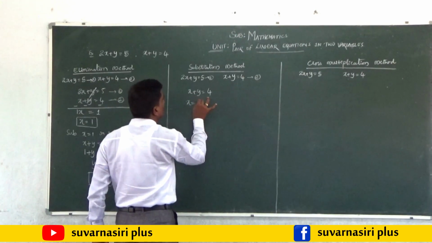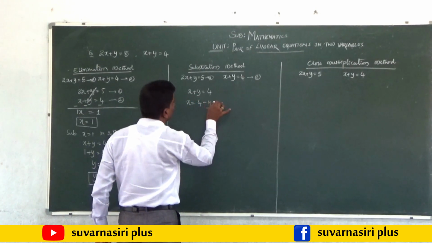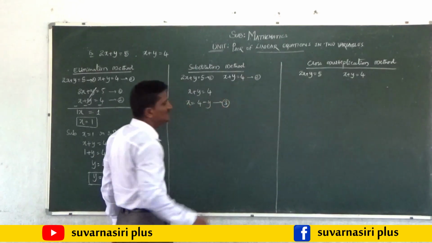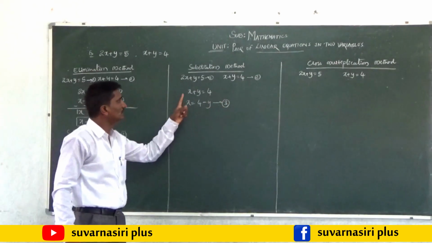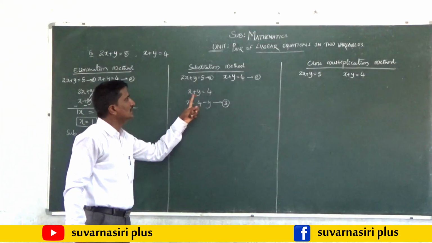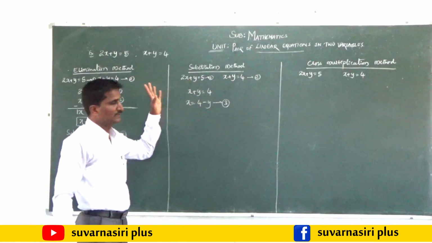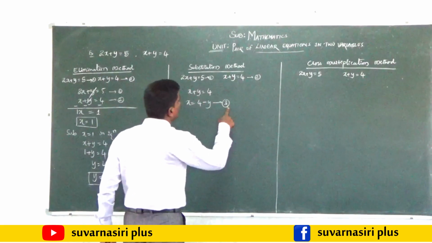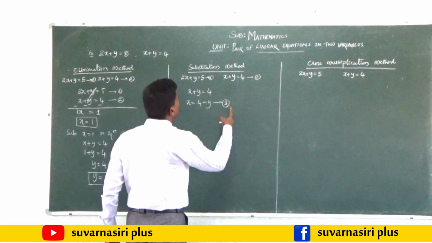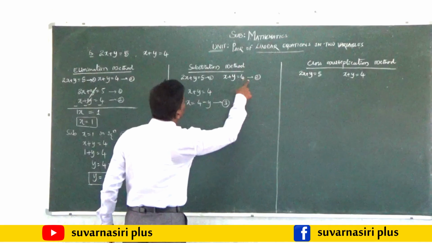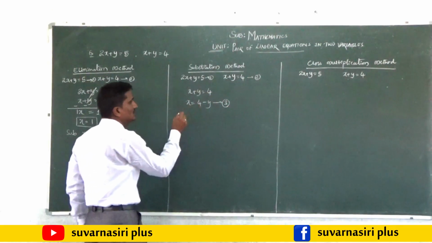X is equal to 4 minus y. Then it becomes equation number 3. Here only x as it is, plus y transported to the right side becomes minus y. After getting the third equation, you have to substitute it in equation number 1. Why? Because we have changed equation number 2 here.